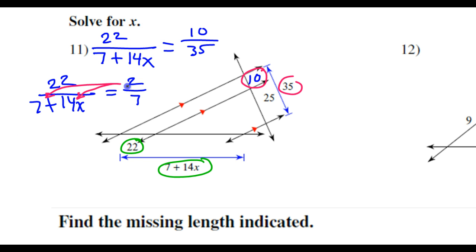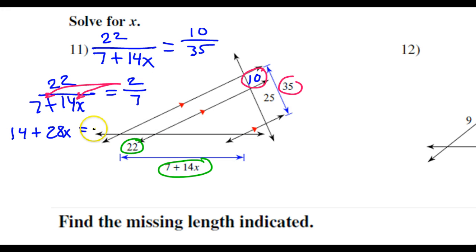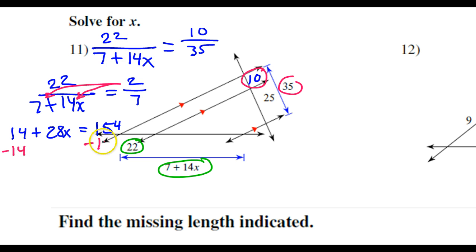So that's going to give me 2 times 7, I've got 14, plus 28x is equal to whatever 22 times 7 is. That's 154. Then we would subtract 14 from both sides. And that's going to give you 28x is equal to 140.